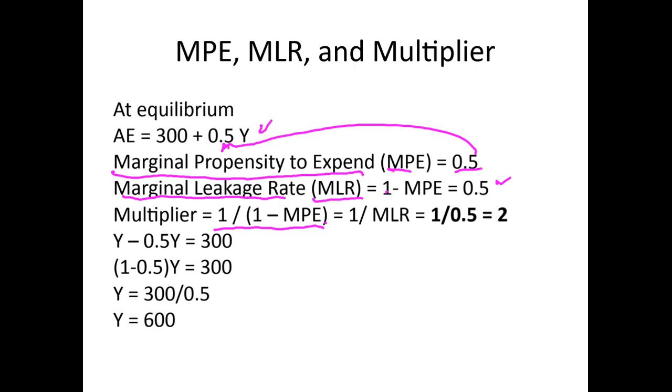And I know that 1 minus MPE is nothing but MLR. So I can also write this formula as 1 over MLR as well. And I can calculate because I have both data, MPE and MLR. So 1 over 0.5 is 2. So the value of multiplier is 2.